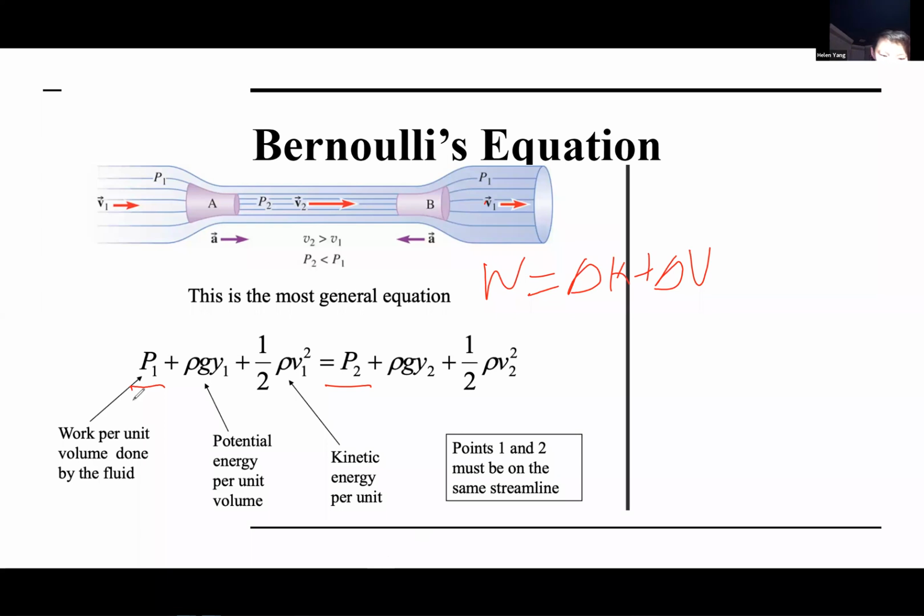So it can be written as this. This is the pressure at one point plus the potential energy, which is the density times the gravitational acceleration times the height, and this is the kinetic energy, which is 1/2 the density times the velocity squared. It's the same on this side, except for different points.